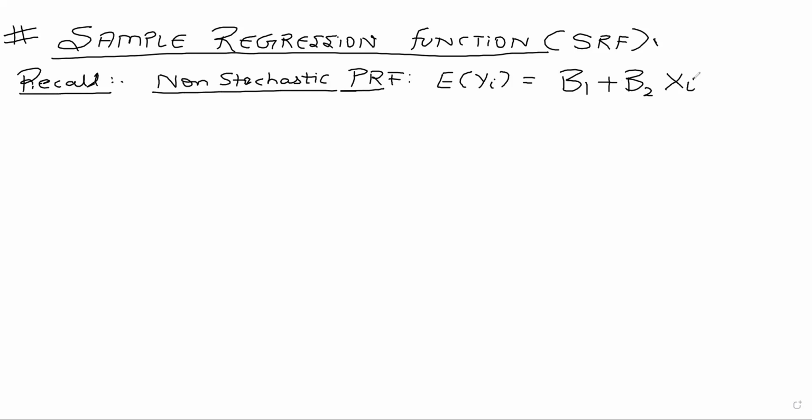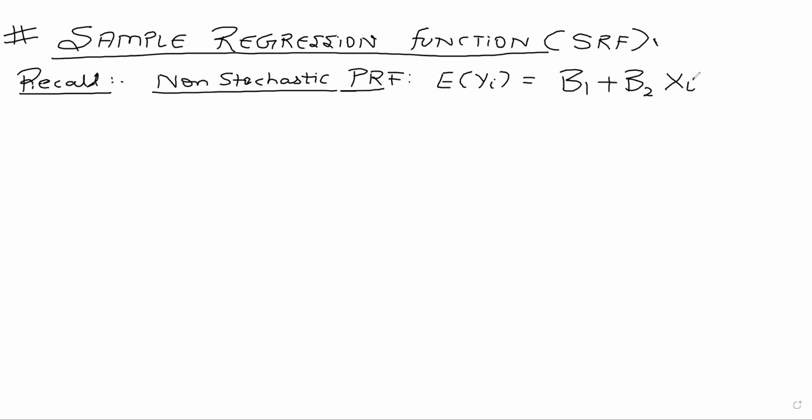This was my non-stochastic PRF. Now, guys, in reality, we don't know capital B1. We don't know capital B2. We don't know expected value of yi because all of these are population. So now we are going to take a sample which will be used to estimate these values.